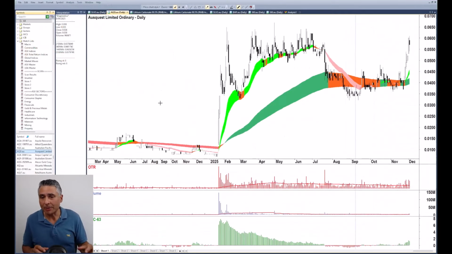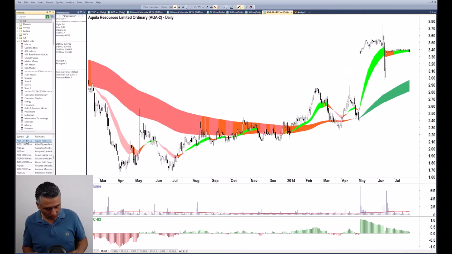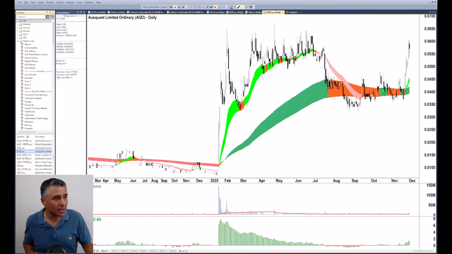It's not one that's come up in my scans recently, and I'm guessing it might have something to do, because it actually looks pretty good over on the right there. Might have something to do with my turnover filter, which actually I don't have the setting over here. So maybe we'll just go over here where I do, AQD, and we can see now there's a turnover filter. Basically, the turnover filter says there should be a minimum amount of turnover activity in the company.